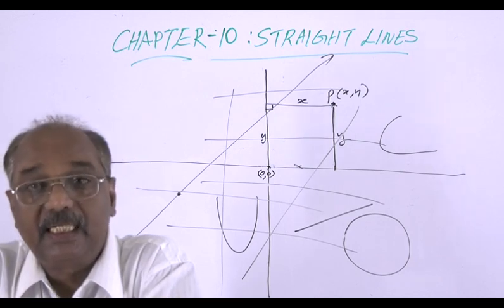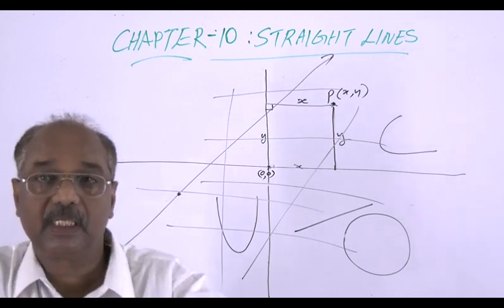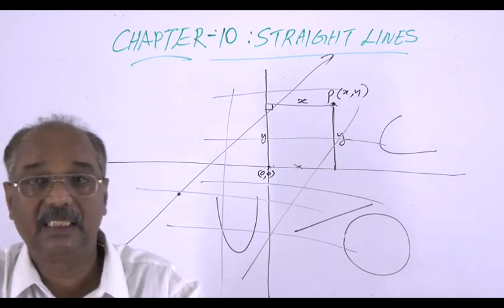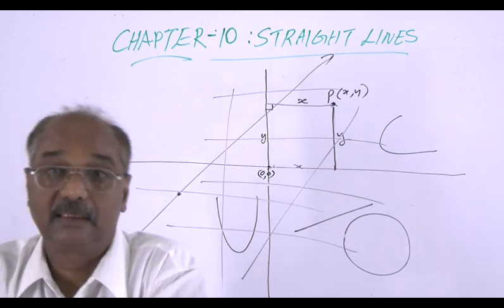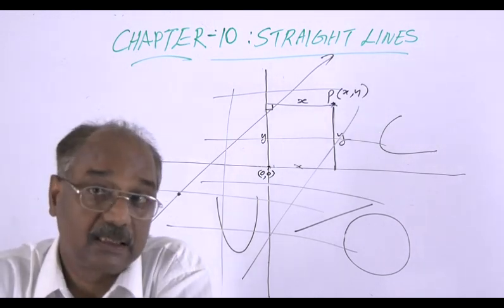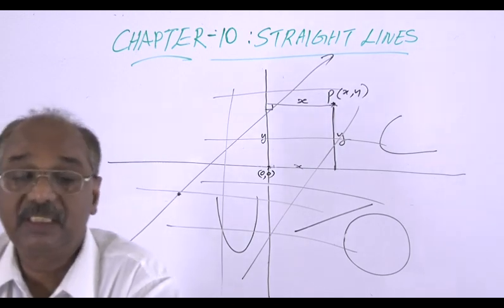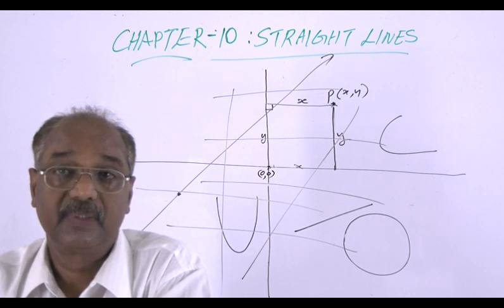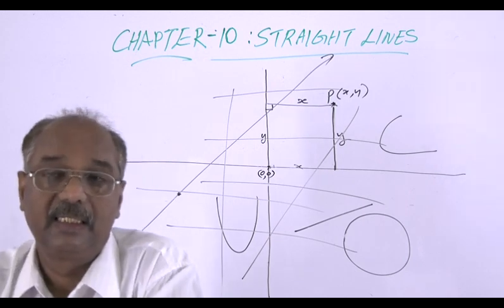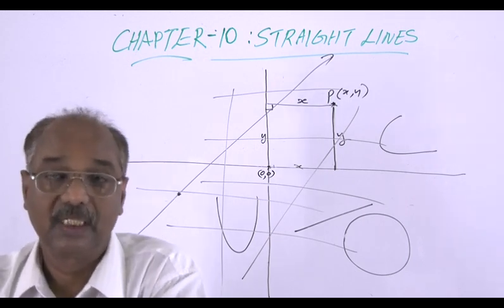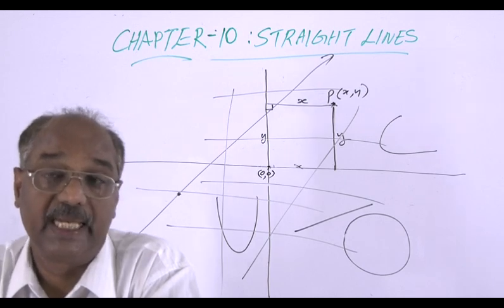Usually the inclined line is considered as the line inclined to the x-axis. Of course it is inclined to both the axes, but we consider the inclination of the line with the x-axis for details and for getting more information of the line.